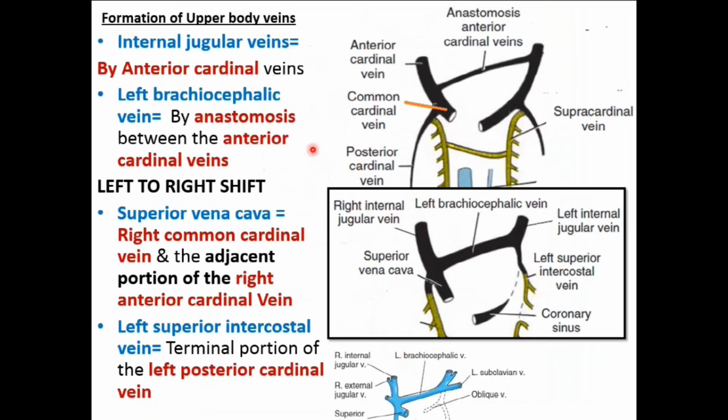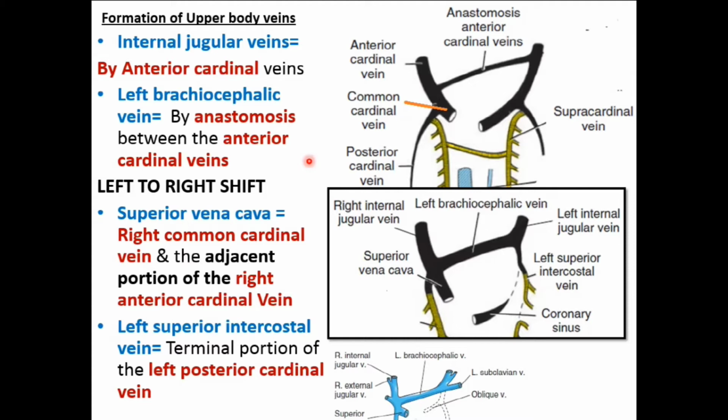Now, before we discuss the formation of the larger veins, that is the superior vena cava, the inferior vena cava, what is common to all is that these superior and inferior vena cava in the adult body, you have seen that they are not in the midline, they are unpaired structures and they are present on the right hand side.